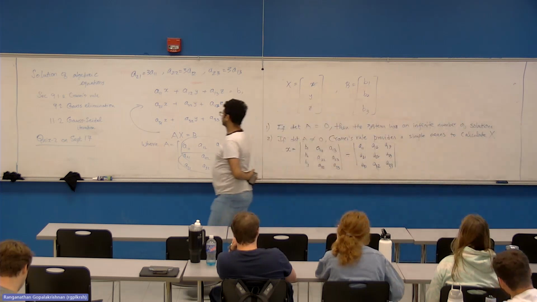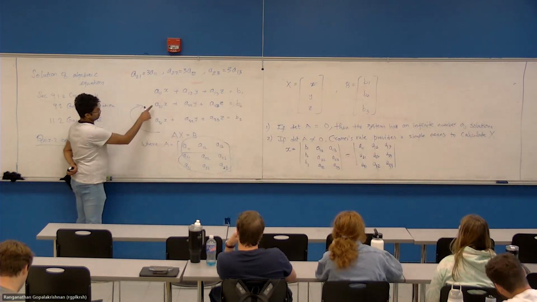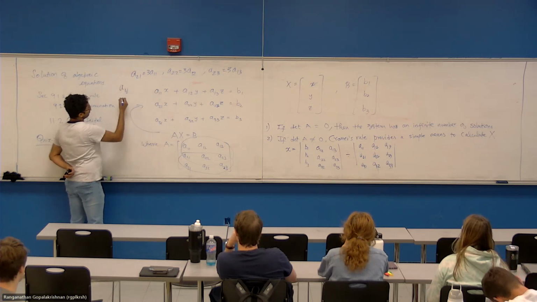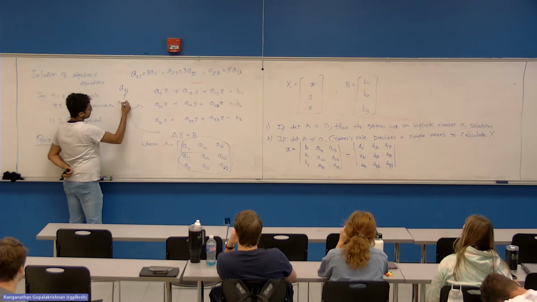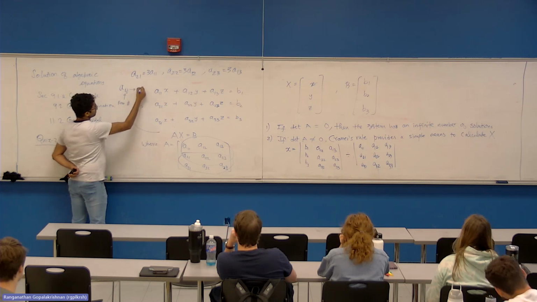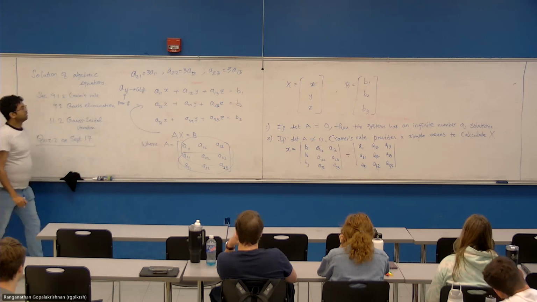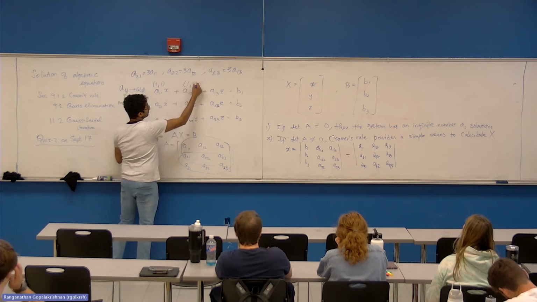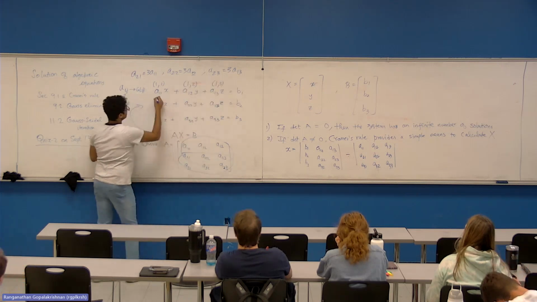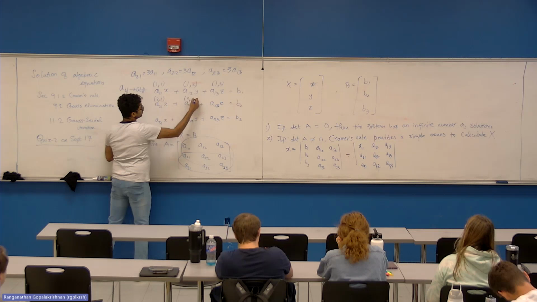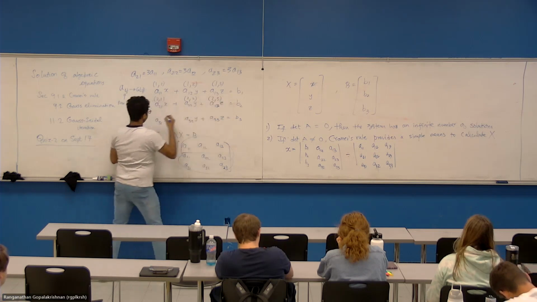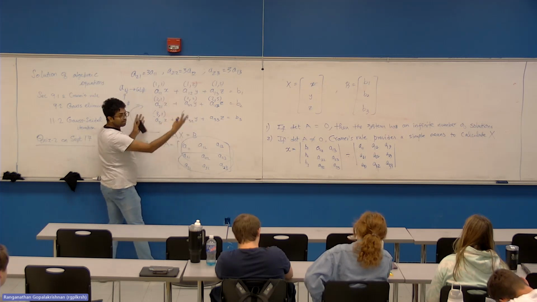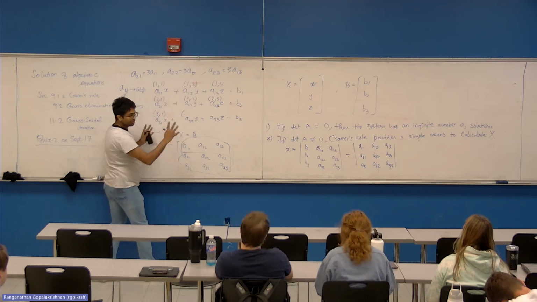As you are writing, did you catch my numbering convention? When I write A, I, J, what I mean is I is the row number and J is the column number. So the position 1, 1, this is position 1, 2, 1, 3, 2, 1, 2, 2, and so on. The reason I'm saying this is that later when we generalize this for a matrix n by n, it'll be obvious. So we'll start with 3 by 3.